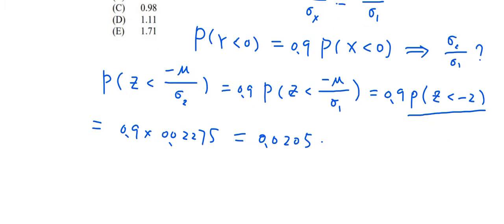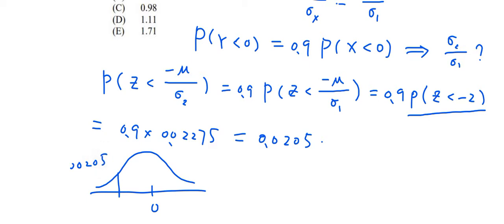We know the area less than the cutoff point is 0.0205, so we can find this number from the table. The cutoff point is negative 2.04.